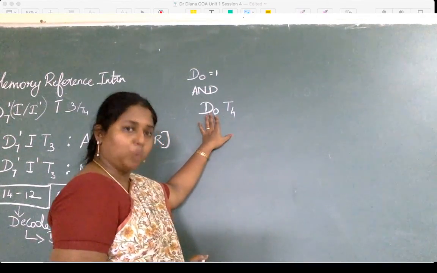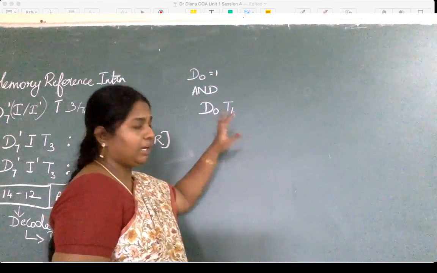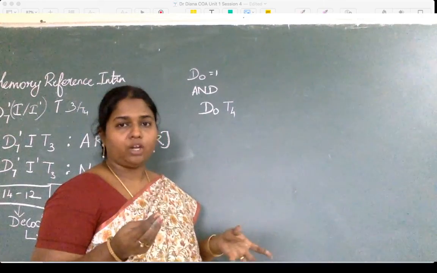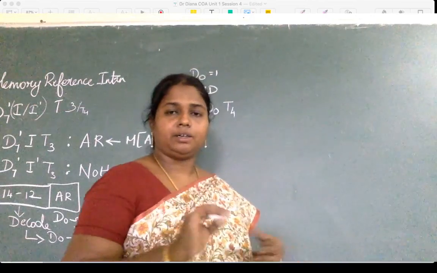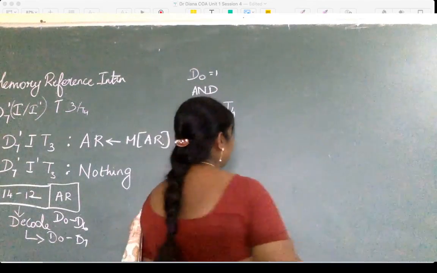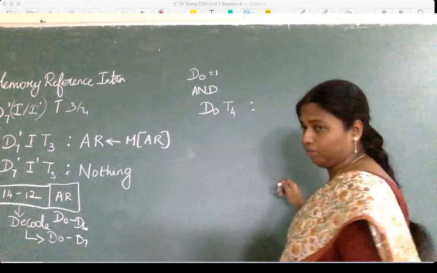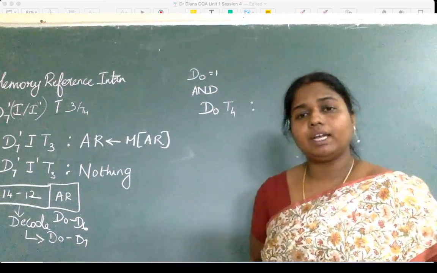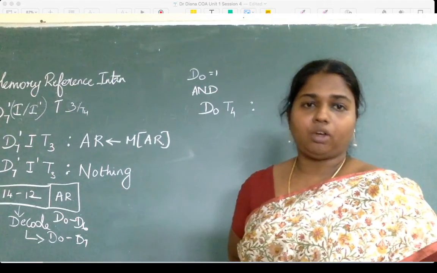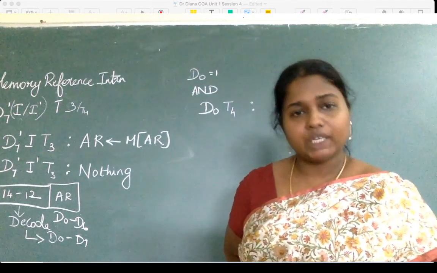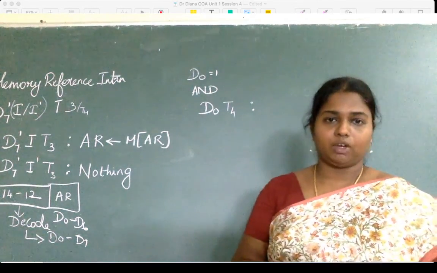D0 value is 1. All the other inputs are going to be 0. At that point of time, I have to do an AND operation between the memory's content and the accumulator. But for a memory read operation, I can't directly operate on data which is in memory. I should first bring it to some local register, only then can I start working on that data.